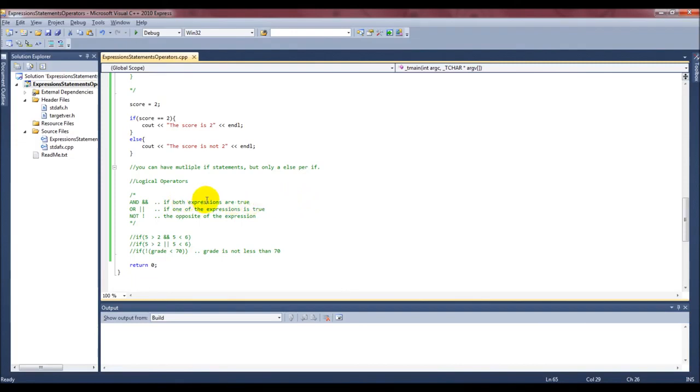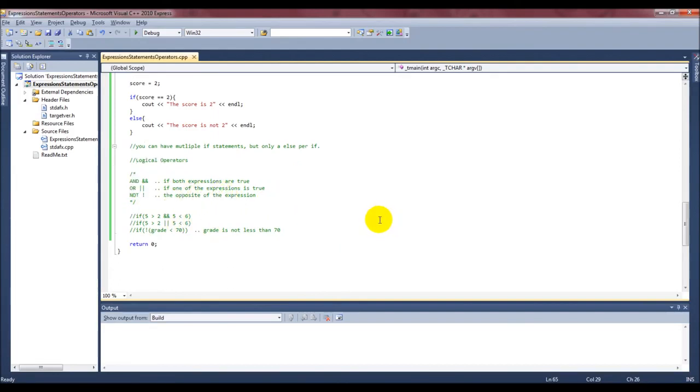Alright? If both expressions are true, then it evaluates to true. In the OR, by these two symbols here, if one of the expressions is true, then the statement evaluates to true. And of course there's the not by the exclamation point, and that's the opposite of the expression listed.